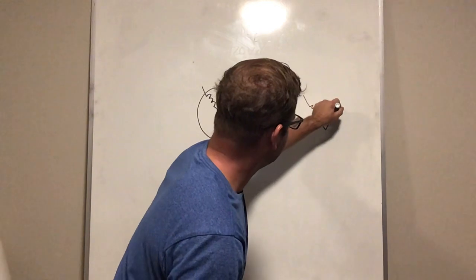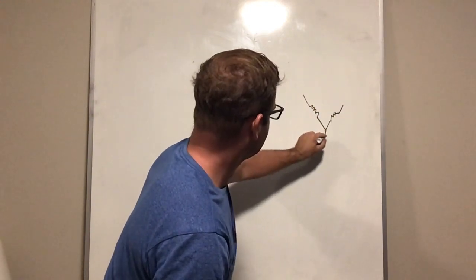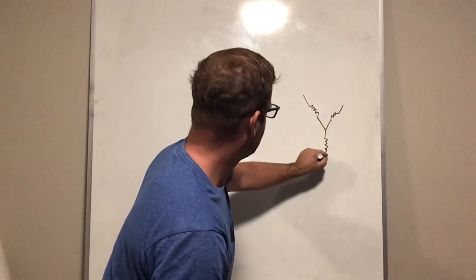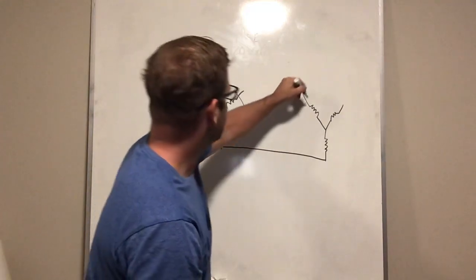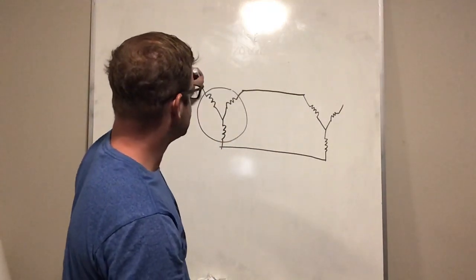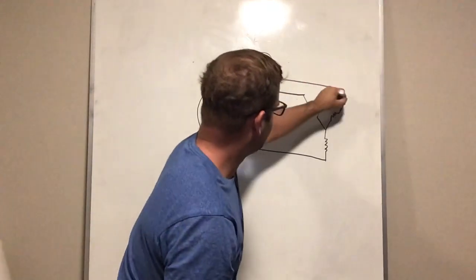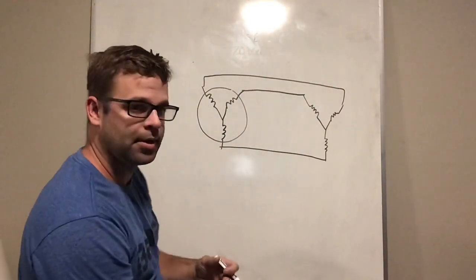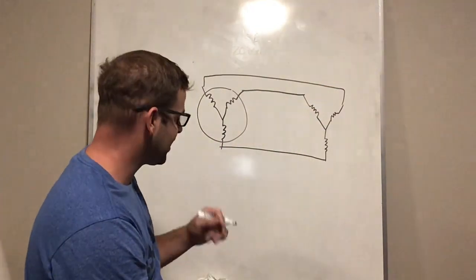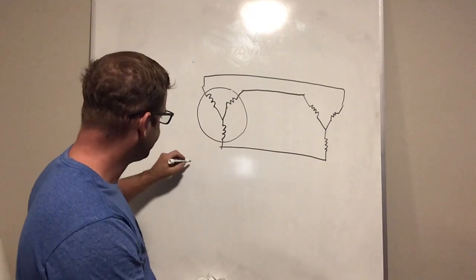We'll do the same layout to start. And I want to solve for everything. And I'm going to lay this one out a little different than the last one. I'm going to put all the values at the bottom.